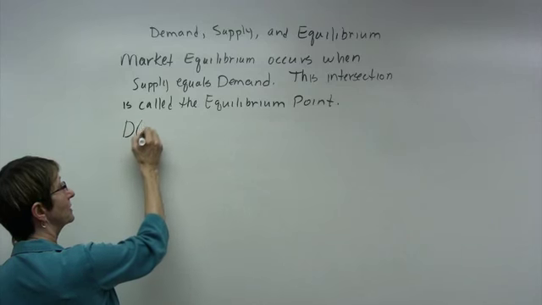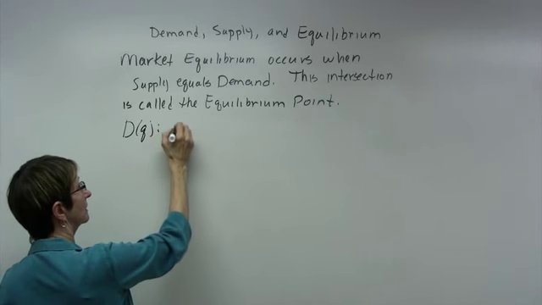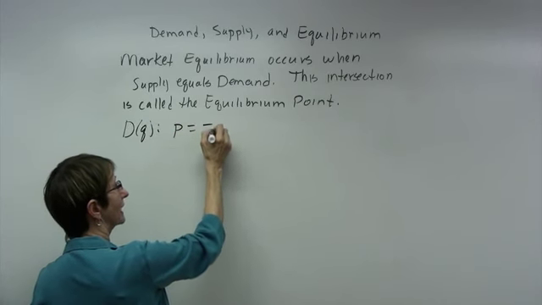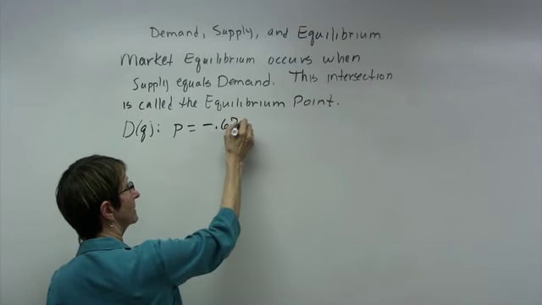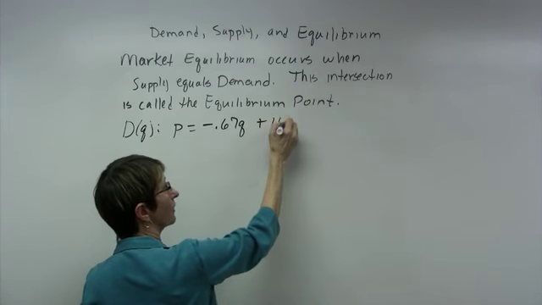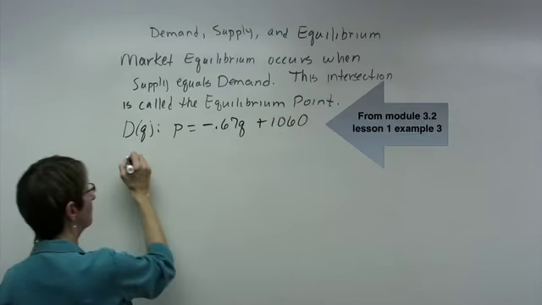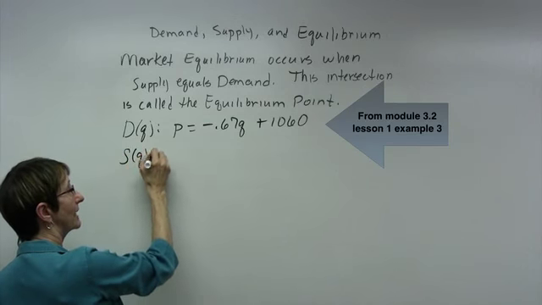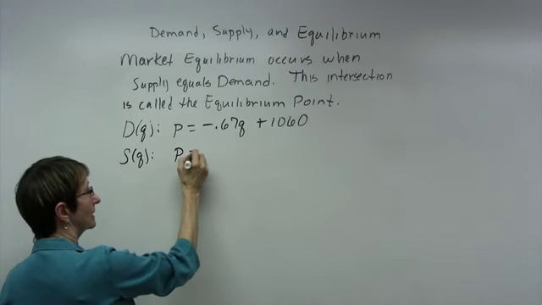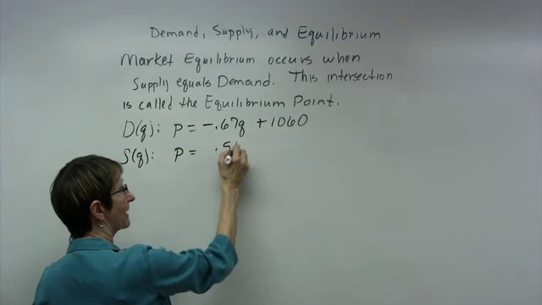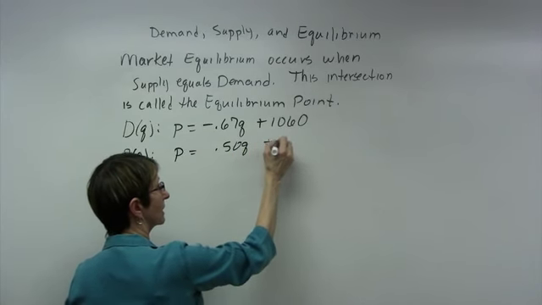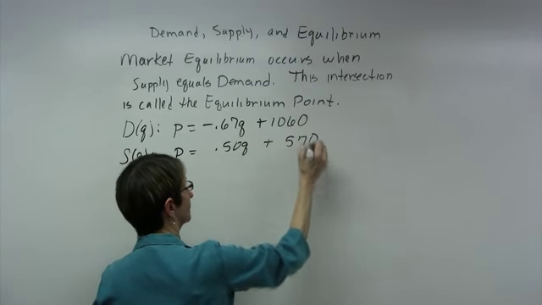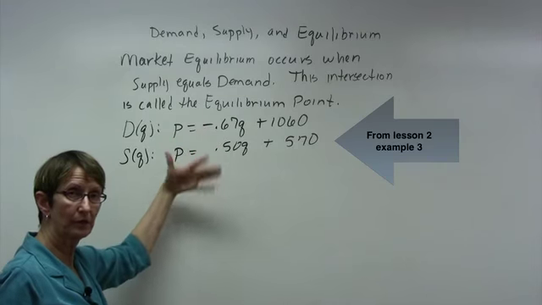Our demand equation, D of Q, P equals negative 0.67 Q plus 1060. The supply equation, S of Q, P equals 0.50 Q plus 570. And we set them equal to each other.